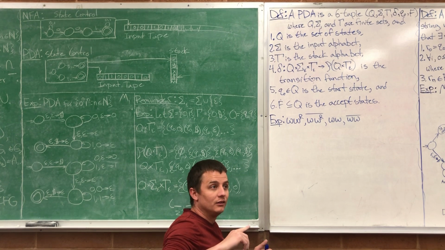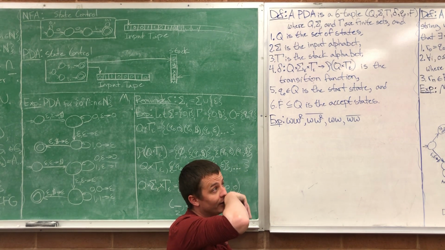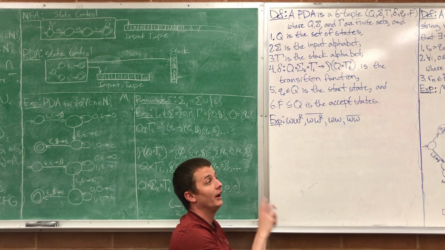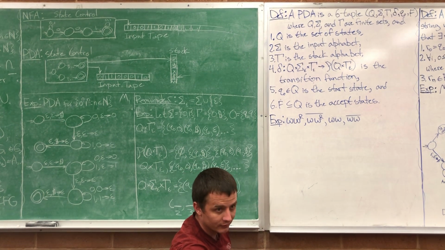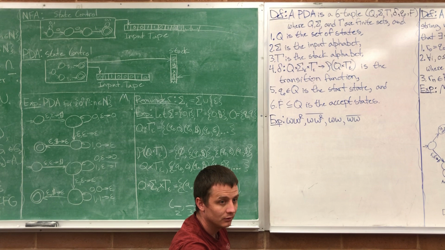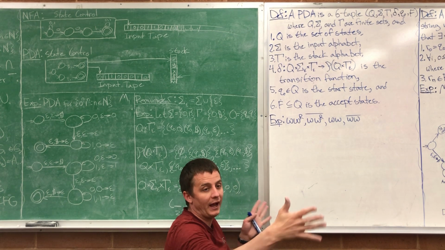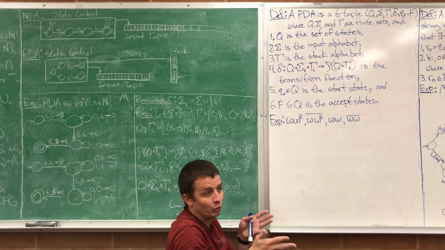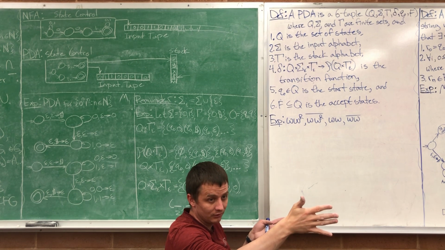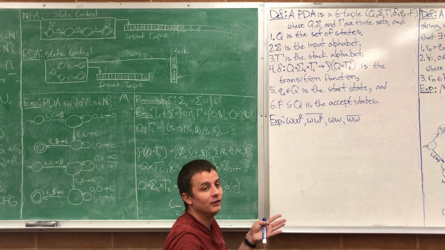How can I best give intuition for this? An NFA accepts if any possible path causes it to accept. There were still a bunch of paths that the string could have taken with an NFA that were reading the string and rejected. It was just if there was a path.